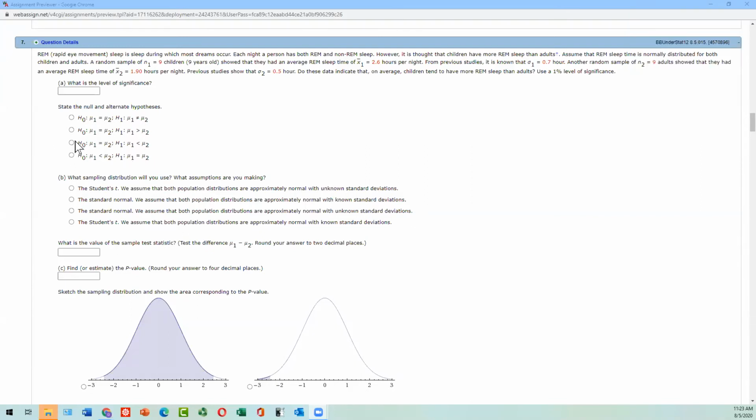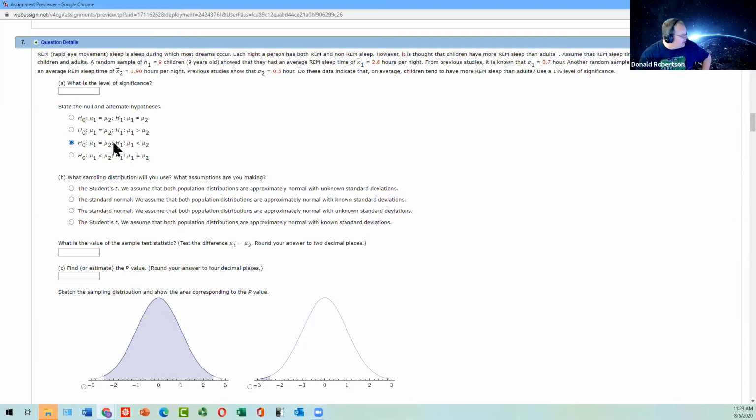The third one says they're the same, or that children are less than adults. H2 says they're the same, and the other would be children being more than adults, which I think is what they're asking. Yes, so children are more than adults. So in this case, it would be that one.